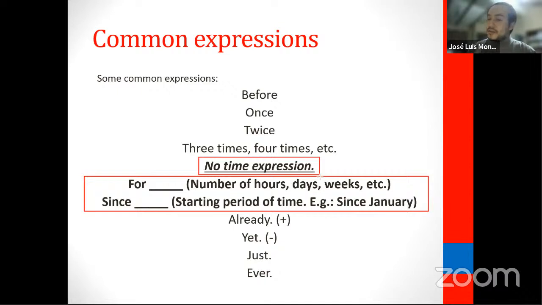The other options, for period of time, right? I have, whatever you want. I have studied for that test, right? For 3 weeks. That's good. Since a starting period of time, since January is specific, but it's not a specific time that it happens. It's not the specific time that it finished. It's the starting period of time.